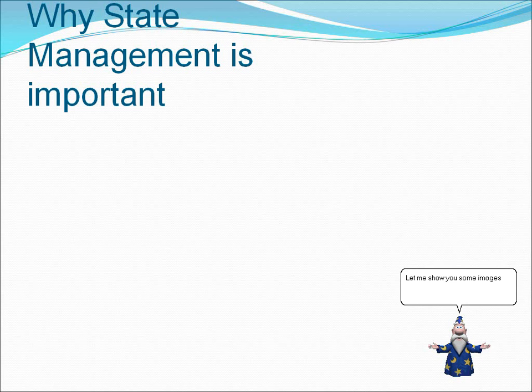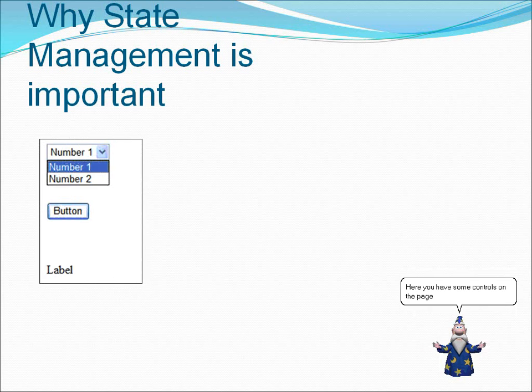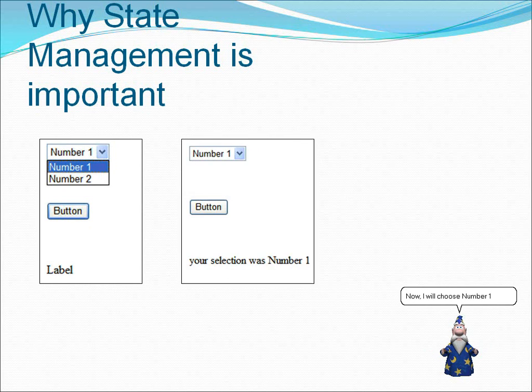Let me show you some images of how the drop-down list demo could be without state. Here you have some controls on the page. We have a drop-down list with two values in it, a button and a label control. Now I will choose number 1. The drop-down list control shows the number 1, and the label displays what I chose.